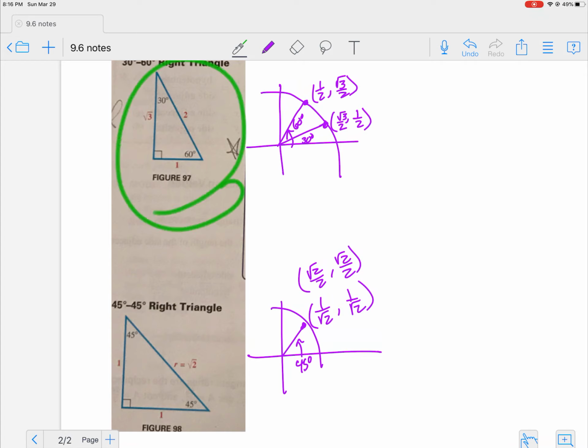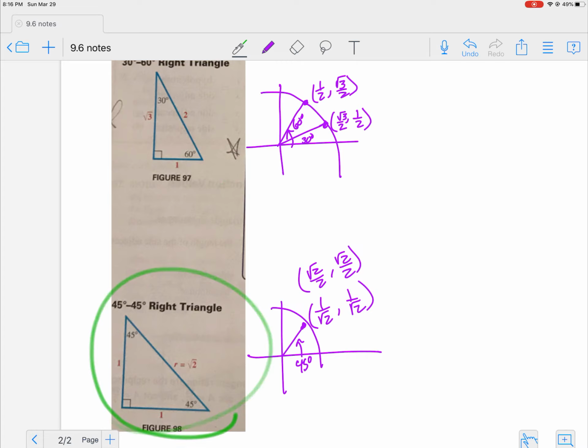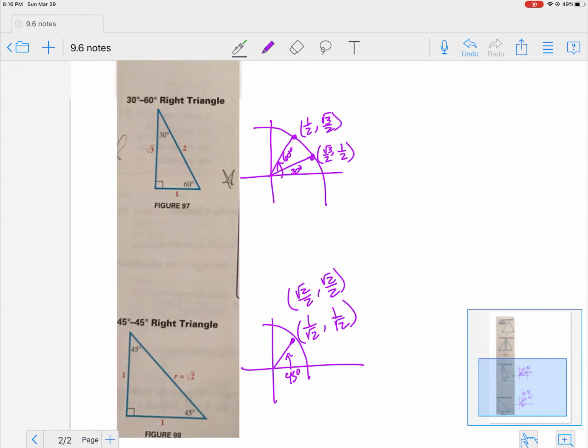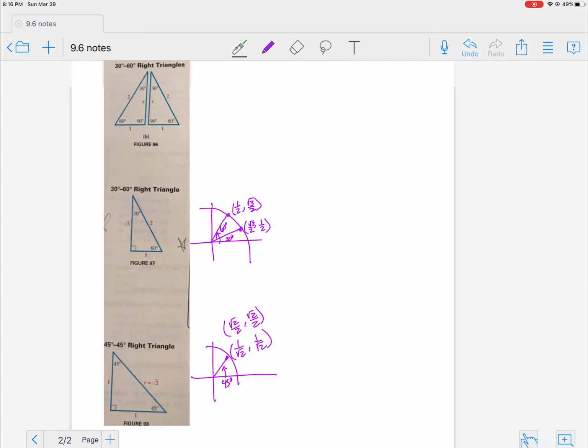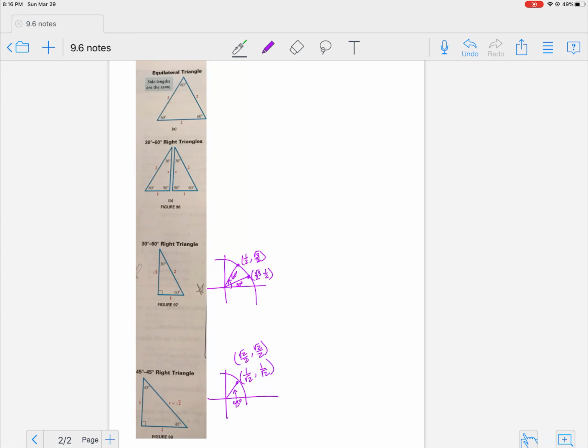Here, adjacent over hypotenuse is 1 over the square root of 2 as cosine. Sine is opposite. Same thing, guys. So whether you look at your right triangle trigonometry, your special right triangles, or if you use your unit circle, you're going to come up with the same thing. Pretty sweet, right? Okay, let's do this example.